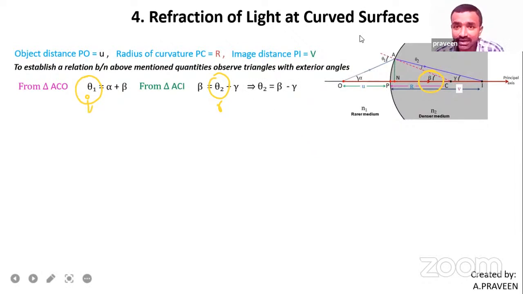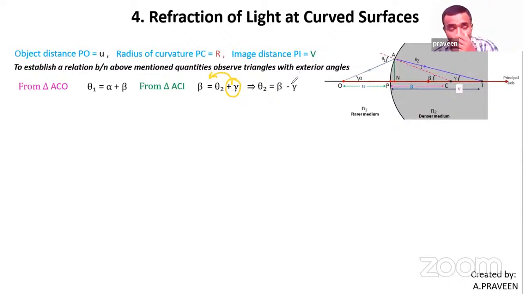From this relation we are writing, beta is equal to theta 2 plus gamma, transposing gamma from the RHS to the LHS, so plus will become minus. From that, theta 2 is equal to beta minus gamma.